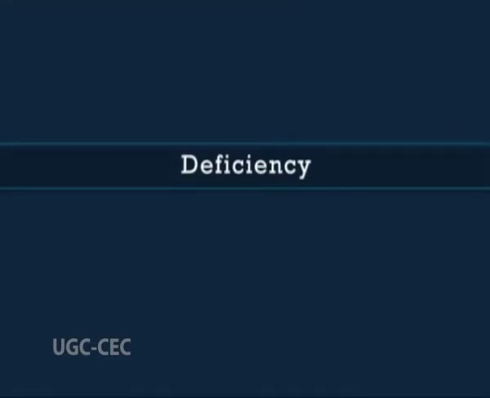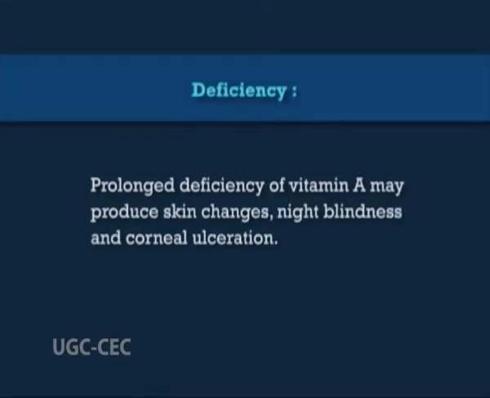Deficiency. Prolonged deficiency of vitamin A may produce skin changes, night blindness, and corneal ulceration. In extreme deficiency states, the mucous membranes of the respiratory, gastrointestinal, and genitourinary tract do not function normally, with loss of defense against infection.